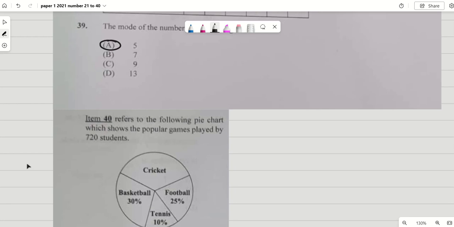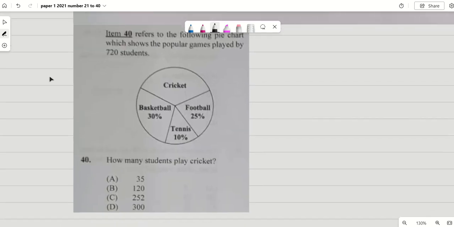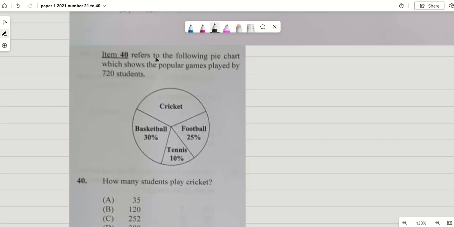All right, number 40. Item 40 refers to the following pie chart, which shows the popular games played by 720 students. First off, we see percentages here. We know that your total percent is always 100.